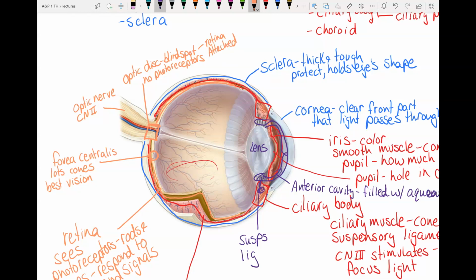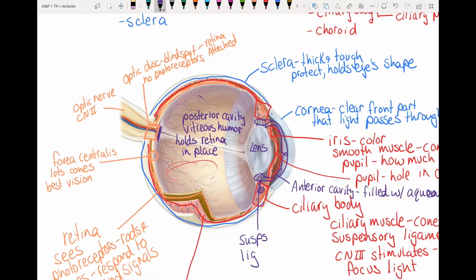So this whole back area of the eye is the posterior cavity. And it is filled with vitreous humor. And the vitreous humor fills the majority of your eye, and it holds the retina in place. So the retina is attached right here at the optic disc.